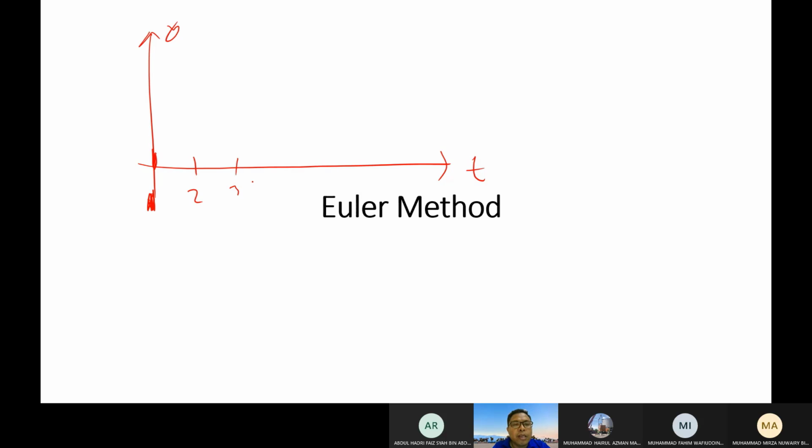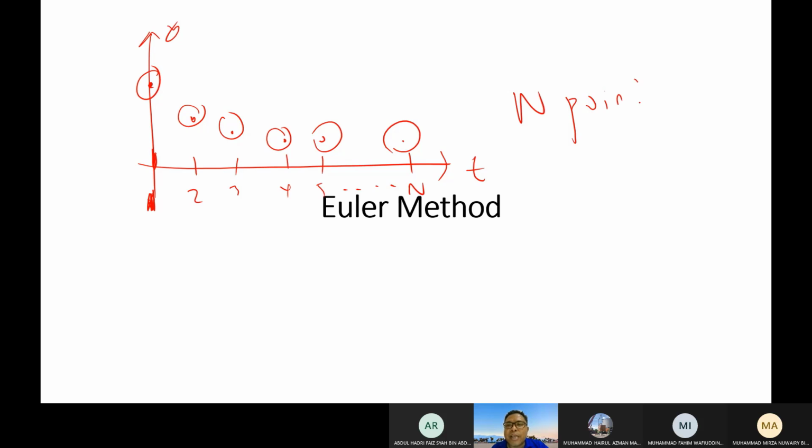Titik 2, titik 3, titik 4, titik 5, sehinggalah N. So, saya nak dapatkan setiap result ni. Ada sebanyak N results, ada sebanyak N points. Jadi, saya kena buat for loops daripada titik 1 sehingga titik N.